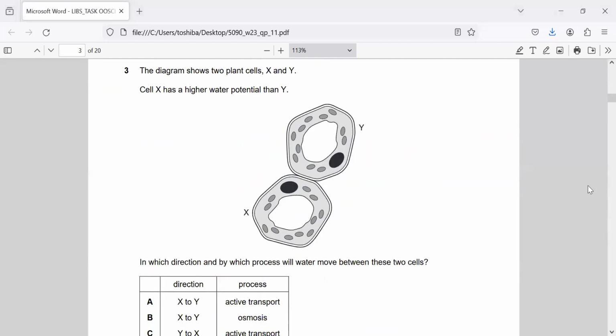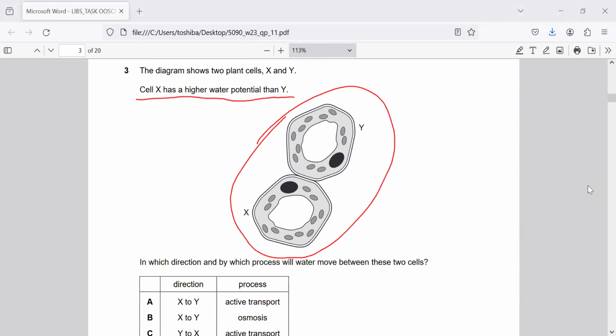Okay, question number 3 says that the diagram shows two plant cells, X and Y. The water potential of X is higher than Y. In which direction and by which process will water move between these two cells?